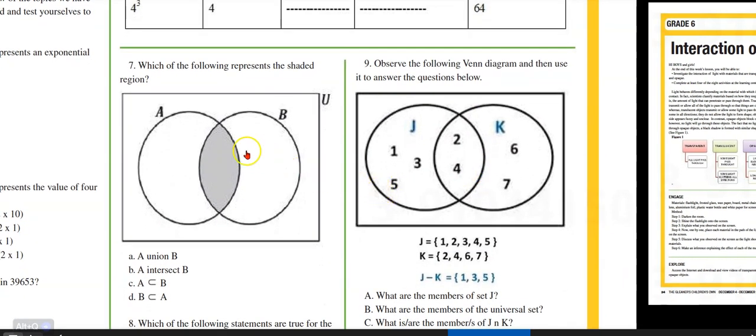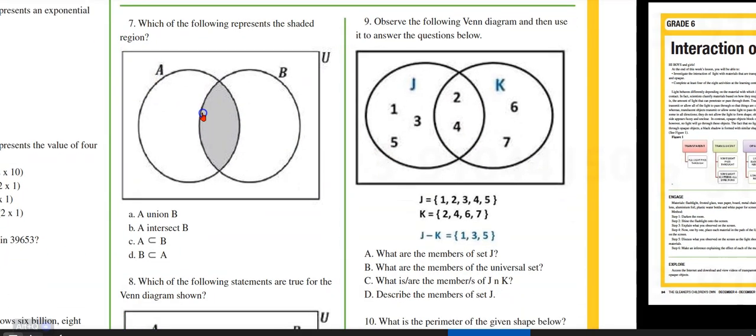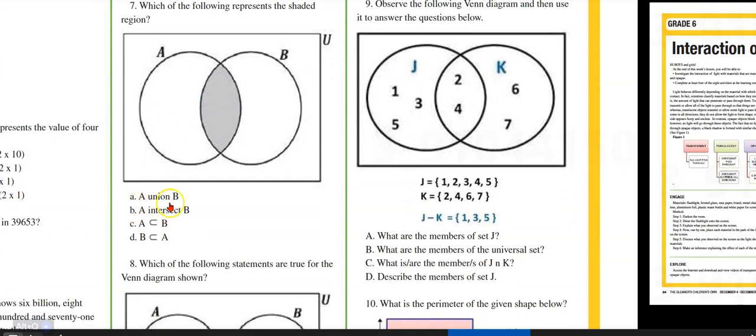Number 7. Which of the following represents the shaded region? Is it A, A union B, or the union of A and B? B, A intersect B, or the intersection of A and B? C, is it that A is a subset of B? Or D, is it that B is a subset of A?